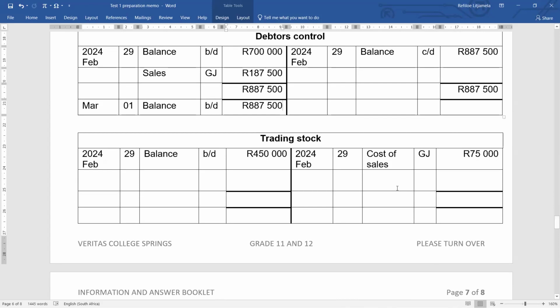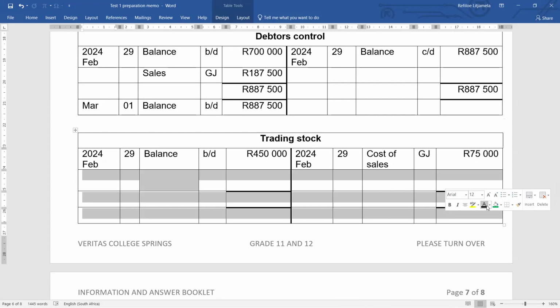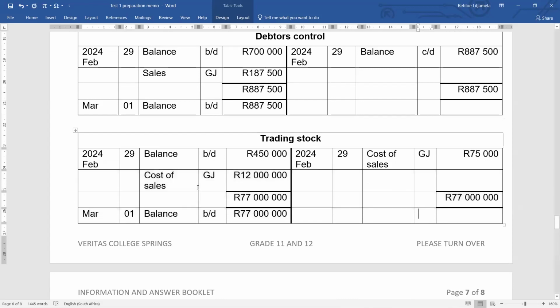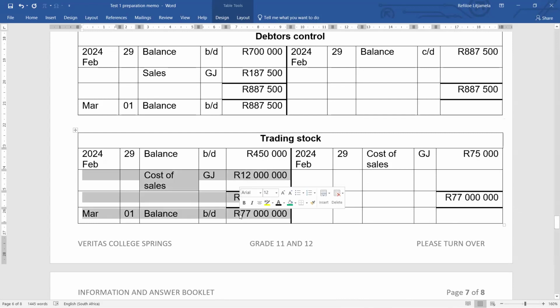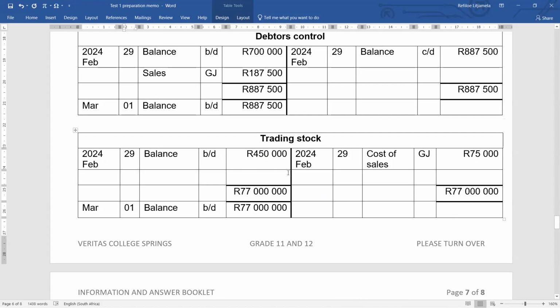Same with my trading stock. I'm just balancing these ones out, guys, okay? So for my trading stock, it decreased here. It did not increase, okay, because we sold goods.